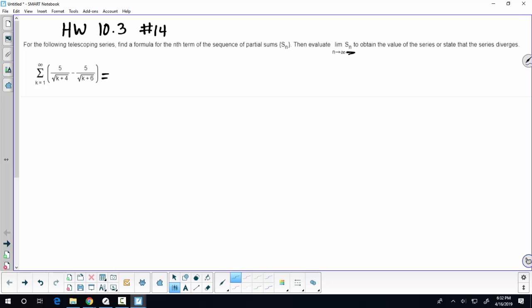When k equals 1, k equals 2, k equals 3 maybe. I'm not sure how far we should go out. We'll just start there, see if we get any cancellations. So when k equals 1, we have 5 over root 5 minus 5 over root 7. Yeah, 2 apart.